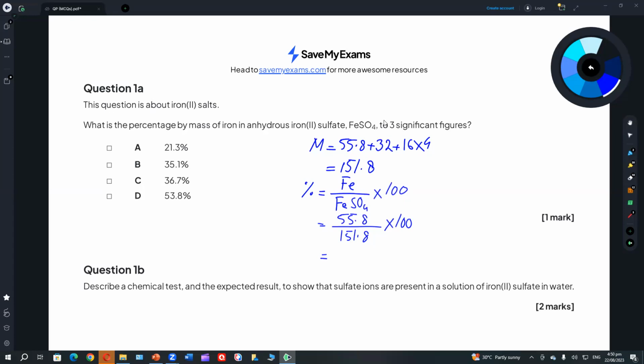This is 36.8%. It's now very close to option C.